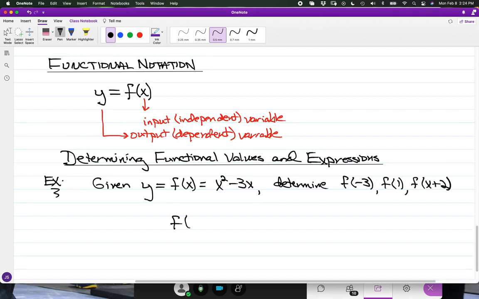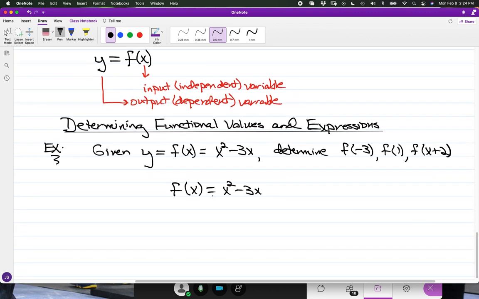So just in the layout, you have f of x equal to x squared minus 3x. Again, we have a quadratic function. So f of x is referenced to y, so you have y is equal to x squared minus 3x. So in the pattern, f of the input is equal to the square of the input minus 3 times the input.